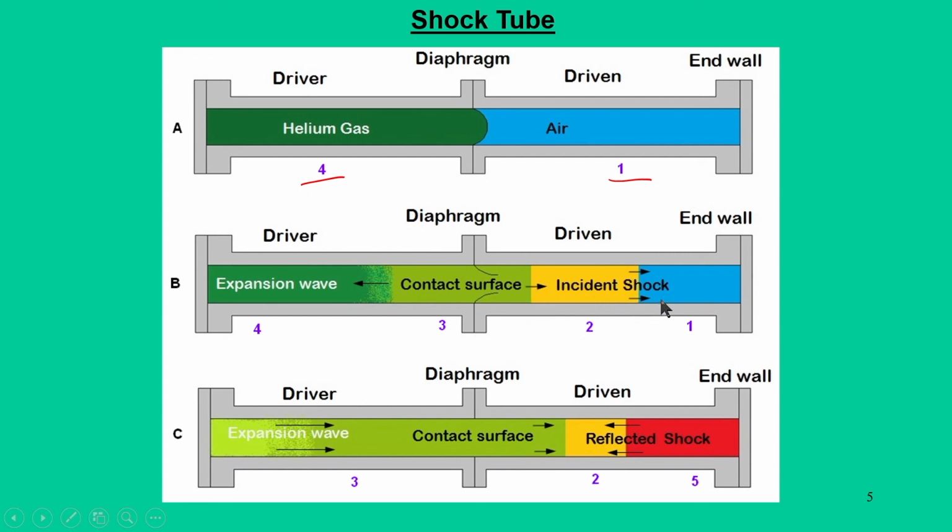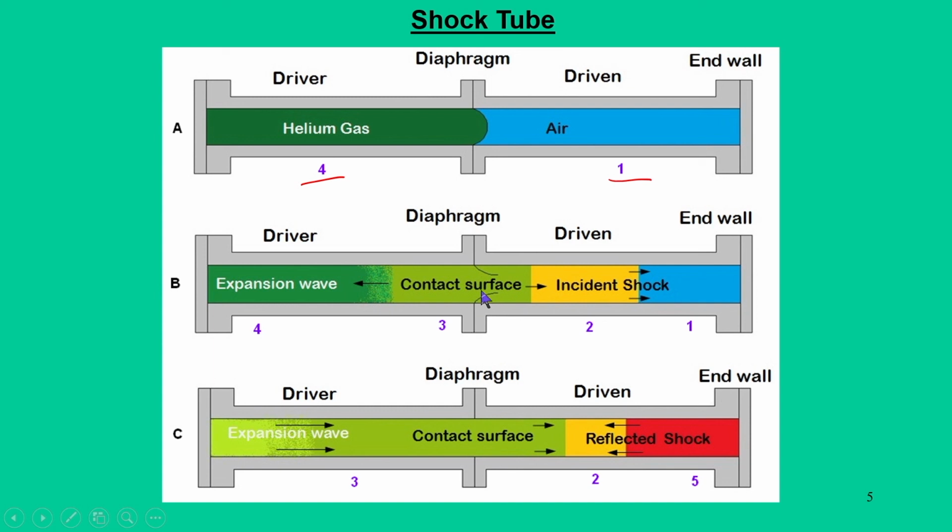So, condition 1 is where the shock wave has not been exposed, condition 2 is the gas which the shock wave has been exposed to, and condition 3 is the partition that separates the driver gas and driven gas, which we call a contact surface. The contact surface is moving, and you can mark this color change, which essentially says that side by side the conditions of driver gas and driven gas get changed.